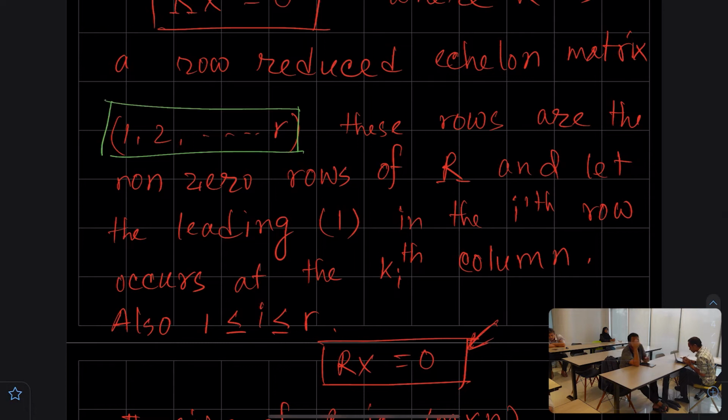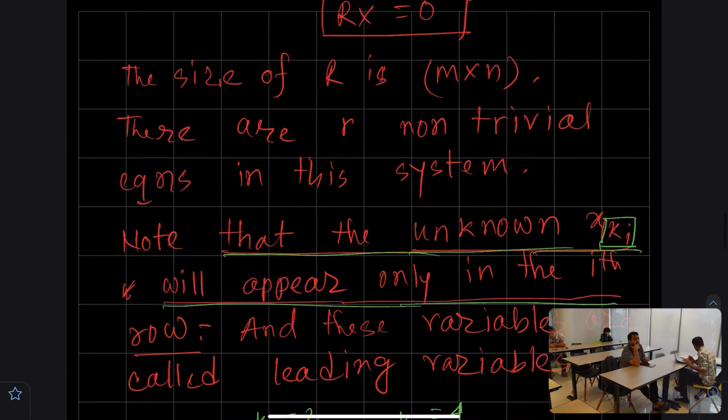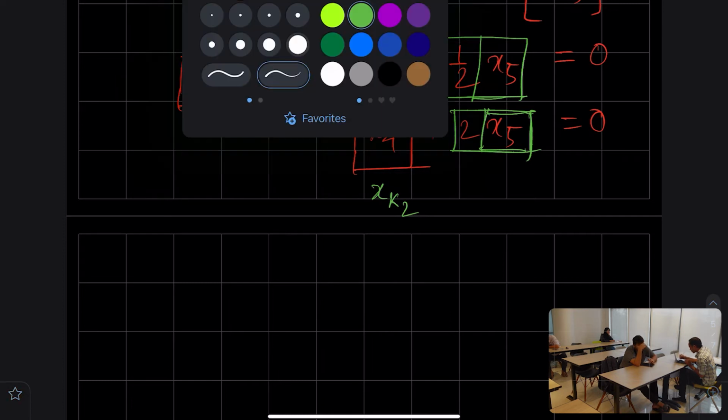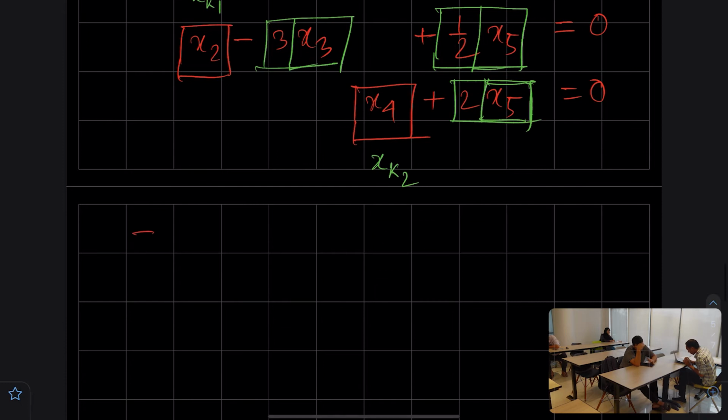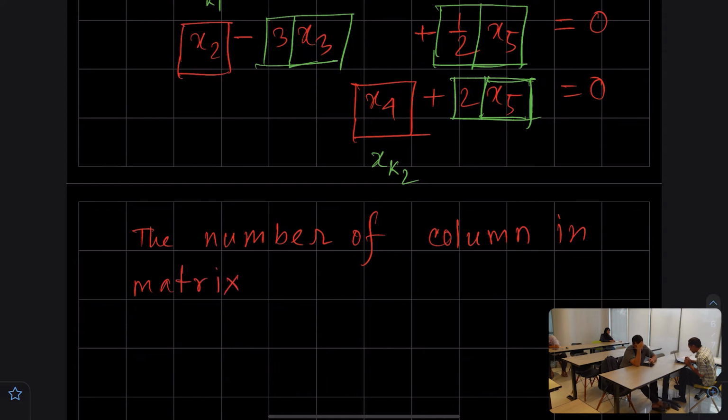But for the system, if I consider this, there are rows that are non-zero. So the number of columns in this matrix R is n, right?